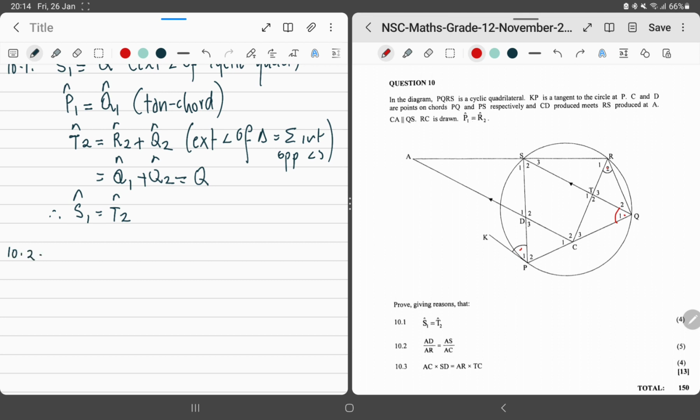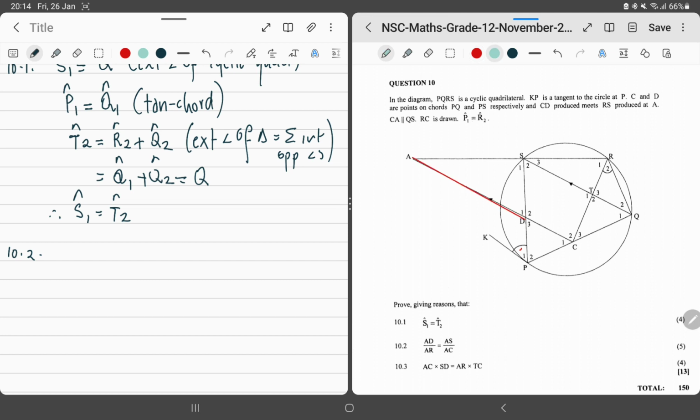10.2. And then now I need to prove that ratio. Whenever we have a ratio like that, it's most likely going to be the proportionality theorem, or it is going to be similar triangles. Let's go and locate the length AD, the side, okay?